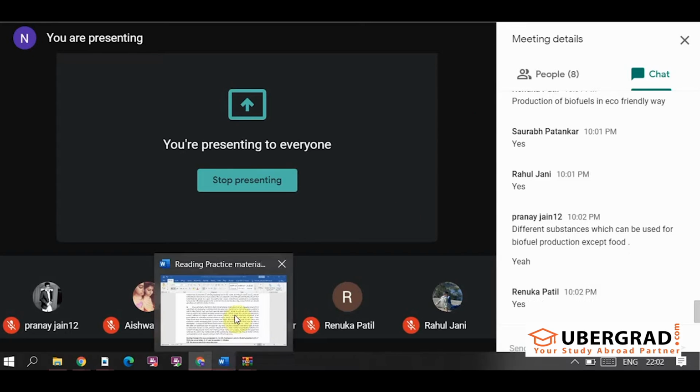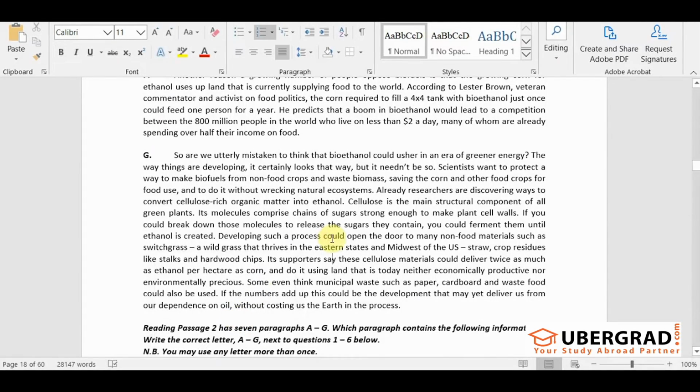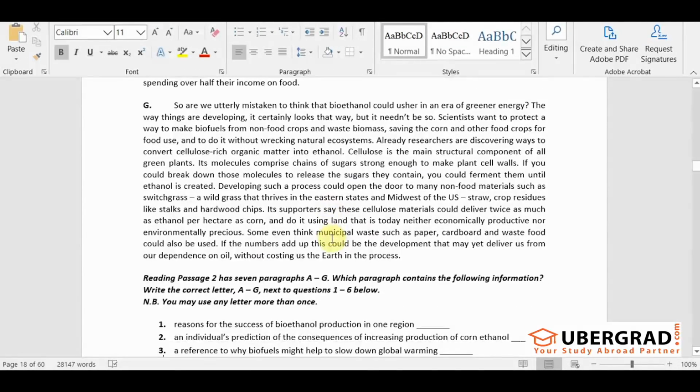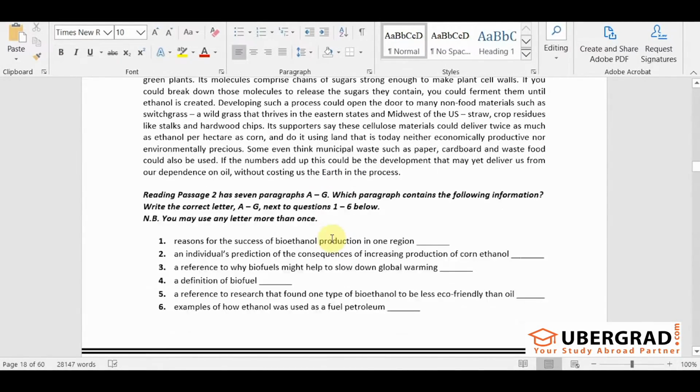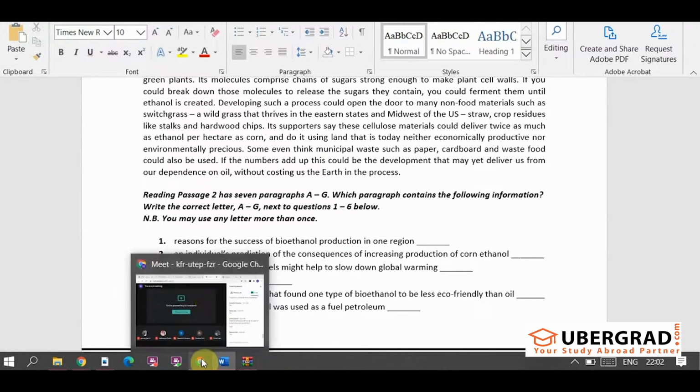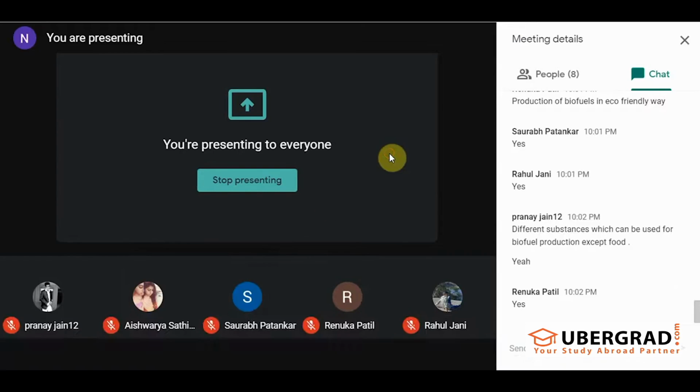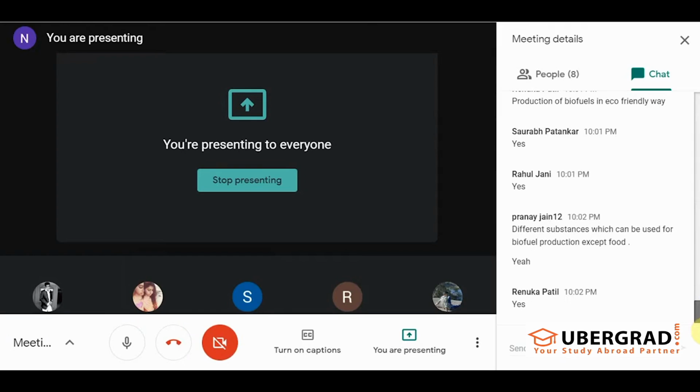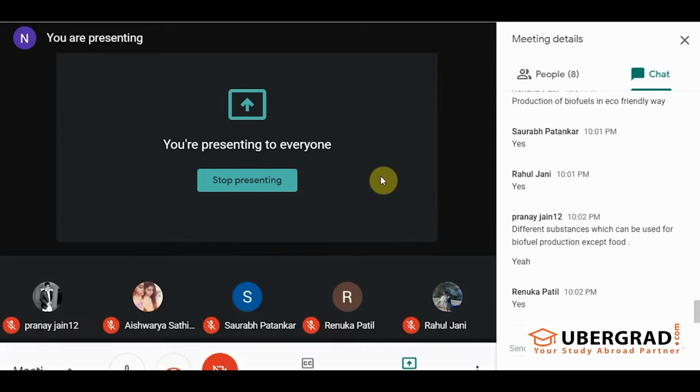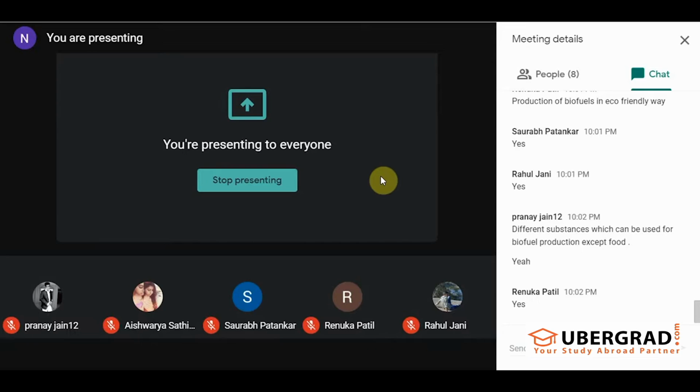So now I think all of you have noted down your headings, and you all know which paragraph talks about what. Now we'll start giving it headings. So first information lies in which paragraph? See, when can you say that it is successful in one particular region?